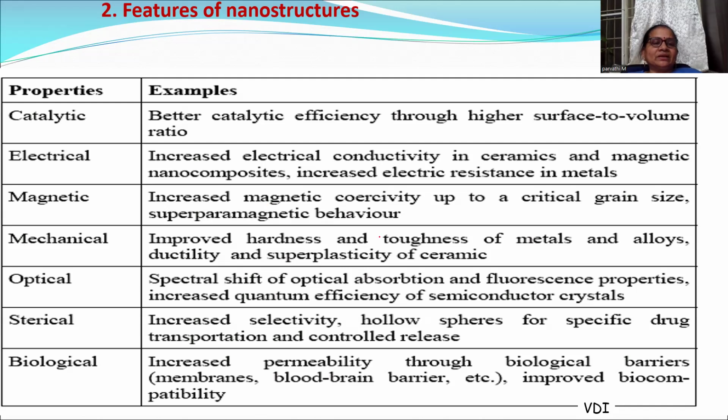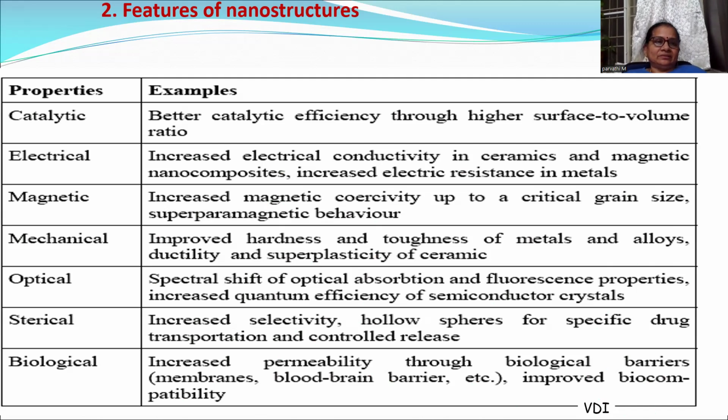When it comes to the mechanical field, nanomaterials improve hardness and toughness of metals and alloys, and ductility and superplasticity of ceramics. Not only is making nanomaterials for mechanical devices easy, their results are very flexible and improved compared to large scale materials.